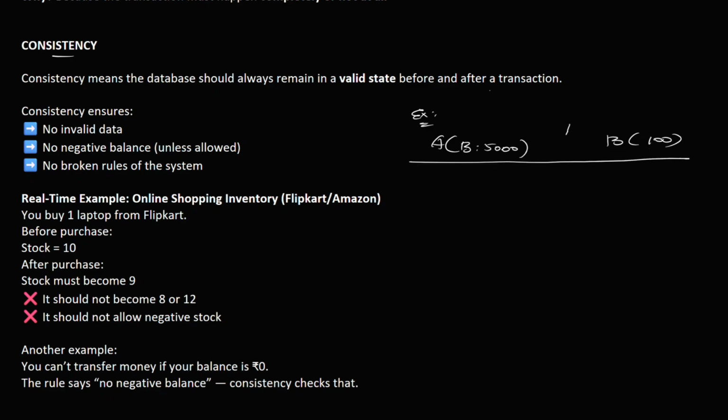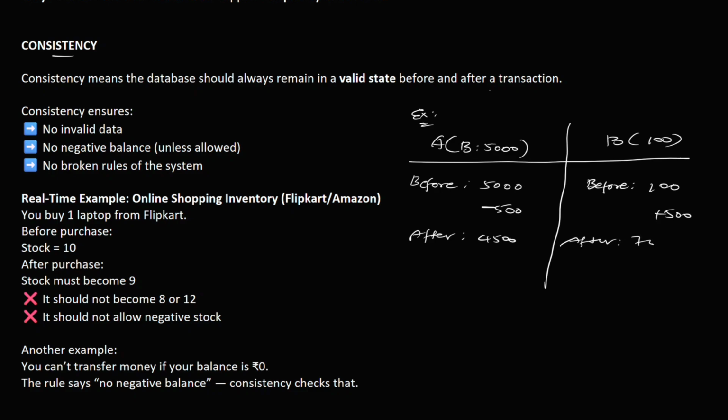Now after the transaction, A is transferring 500 rupees to B. So after the transaction it is 4,500, and here the amount is added, so it is 600.